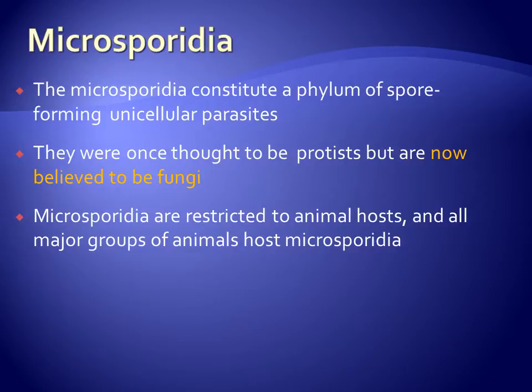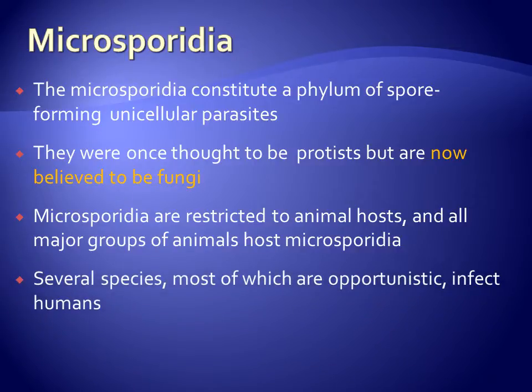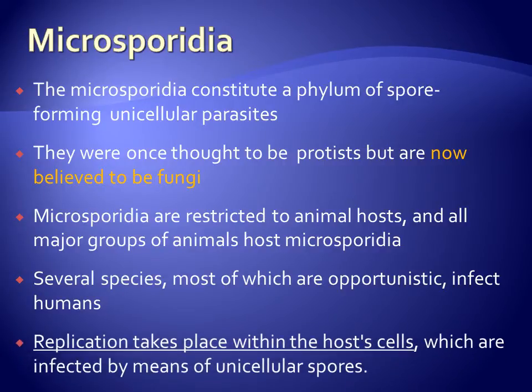All major groups of animals do host various species of Microsporidia. Several species can infect humans. These are most often opportunistic infections. The replication of the Microsporidia takes place within host cells, and the cells become infected by unicellular spores.